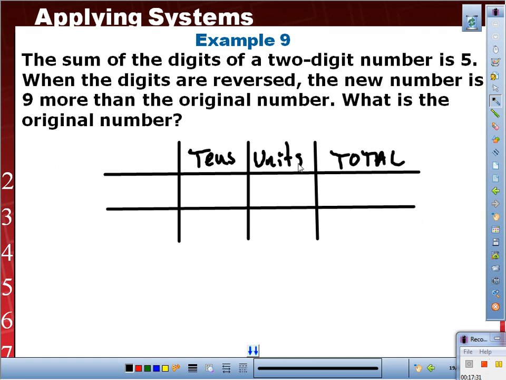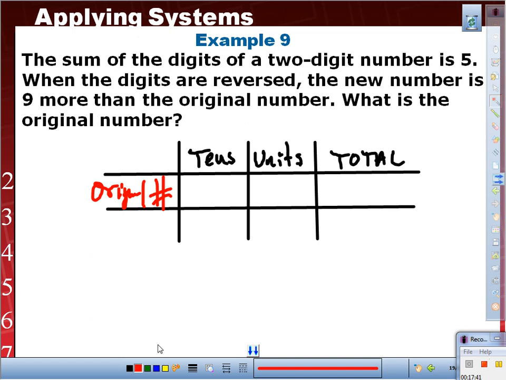And then you probably did another label here, first digit, second digit. From there you did original number. Second one is new number. For the original number, we don't know what the tens digit is, so we just label it T. We don't know what the units digit is, we label it U. But the total is what? 5.